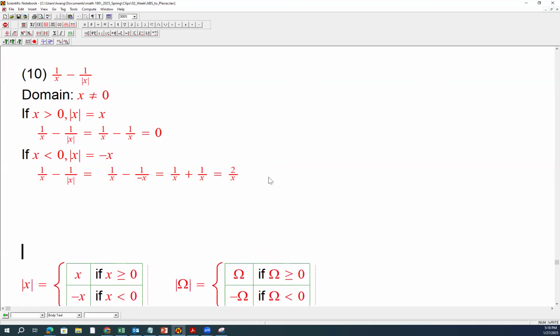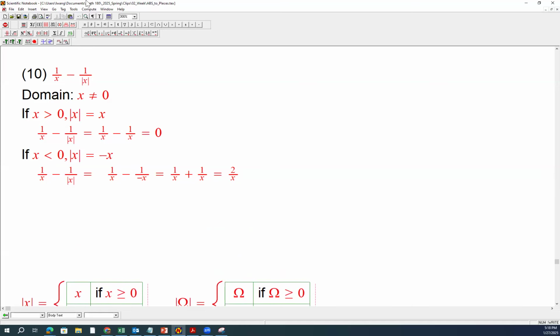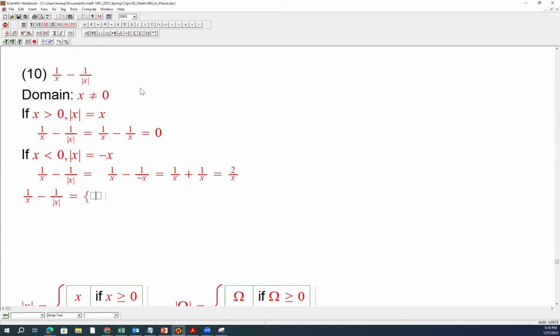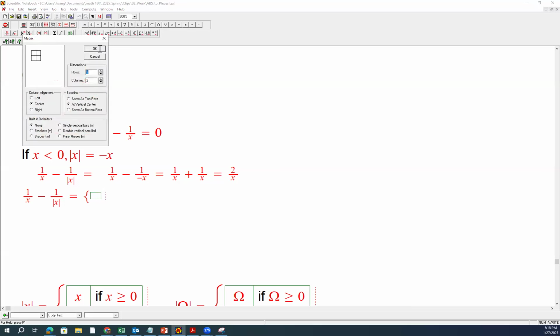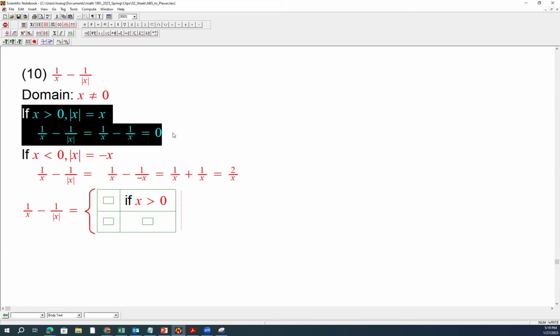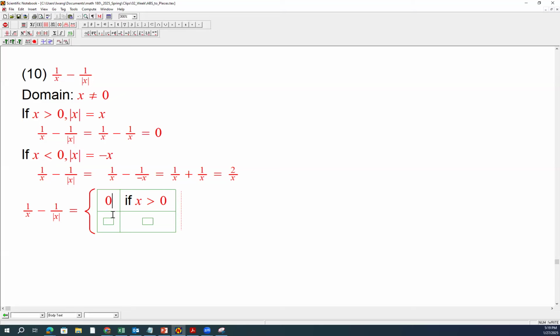So for conclusion, this piece will have 2 pieces. One is if x is greater than 0, then this is going to be 0.